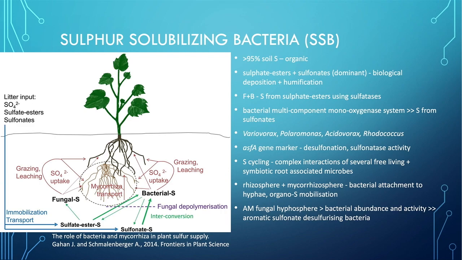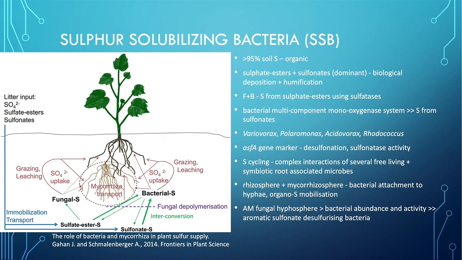So symbiotic fungi within the rhizosphere of plants have specific places where bacteria can attach to the hyphae and then allow mobilization of the organic sulfur. They work together as a symbiotic relationship to support plant growth.